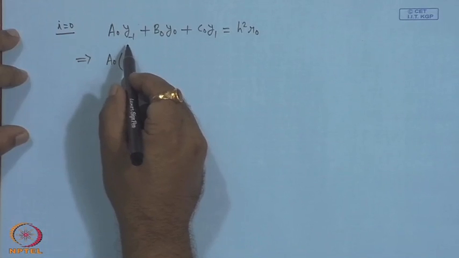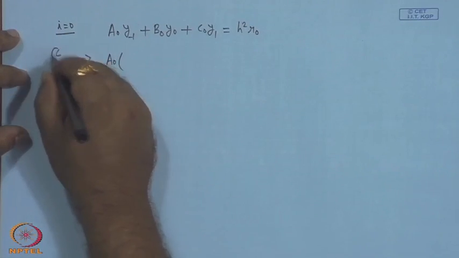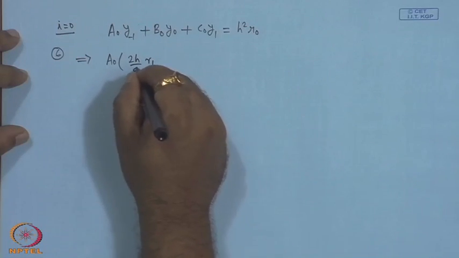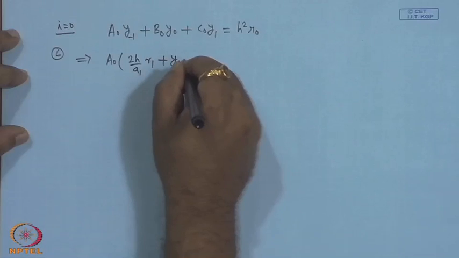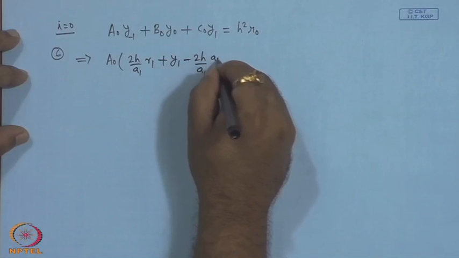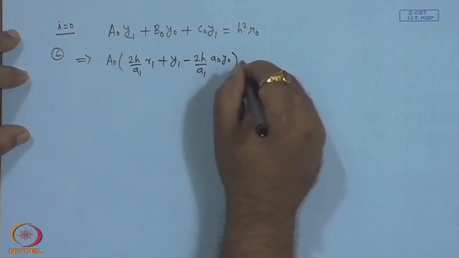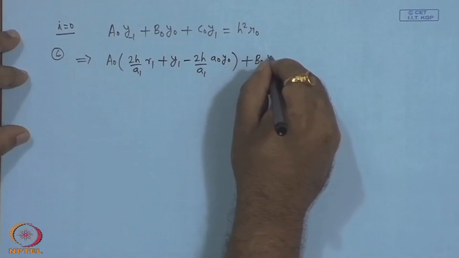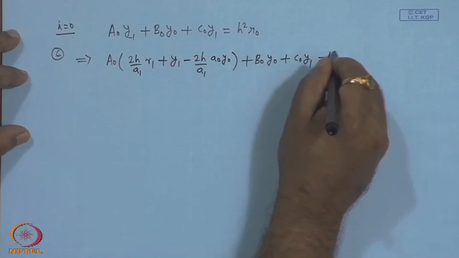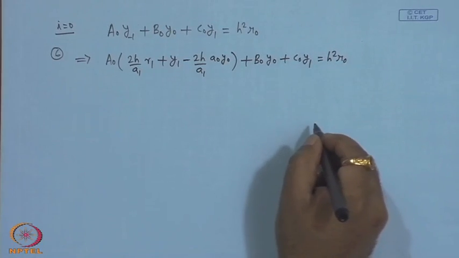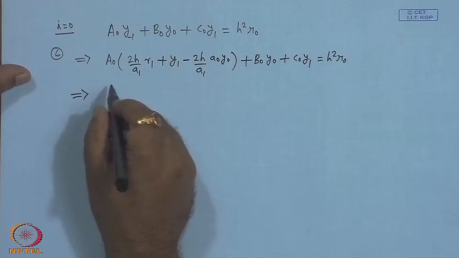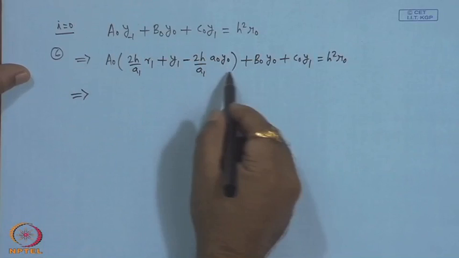And we have y minus 1 from 6. So, we have to put in y 0, y 1.